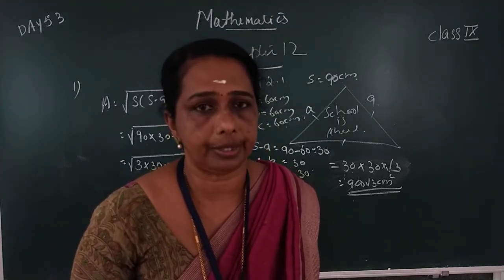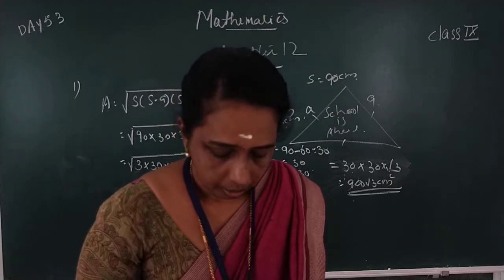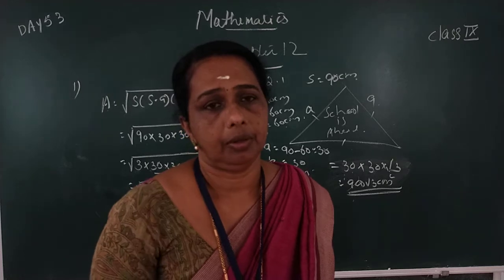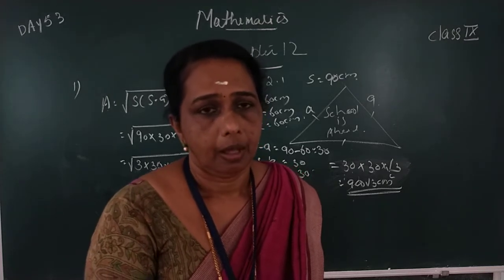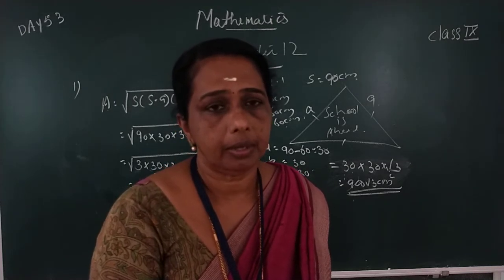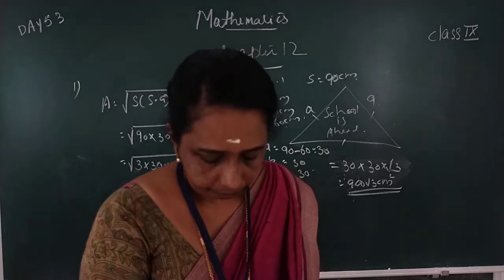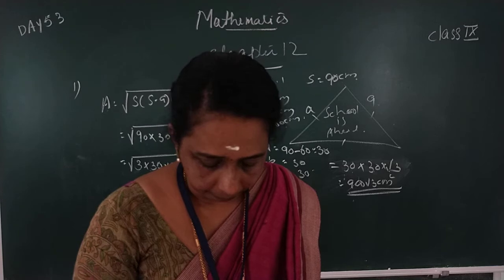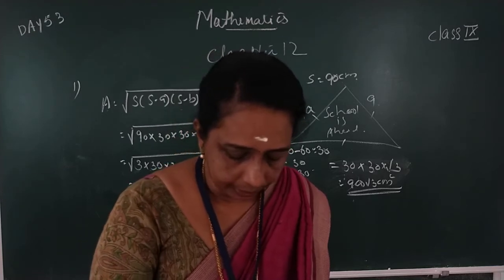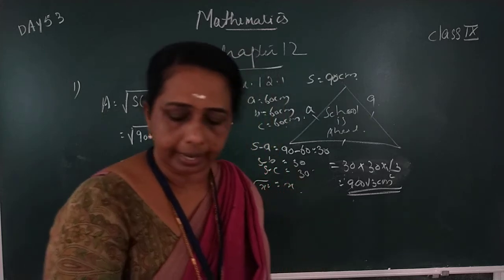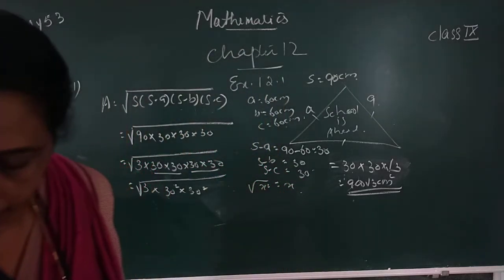Then we want to find out the money earned in the 3 months for this advertisement. First we want to find out the area of that wall. Its sides are given, so use Heron's formula, 3 sides are given. Use Heron's formula to find out the area of the triangular wall.